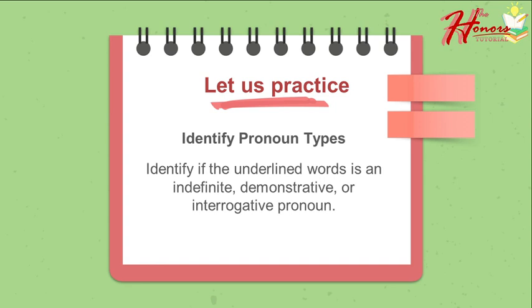Identify pronoun types. Identify if the underlined word is an indefinite, demonstrative, or interrogative pronoun. Are you ready? Okay, let's begin. Number 1. What was the noise? The underlined pronoun here is the word what. What type of pronoun is what?